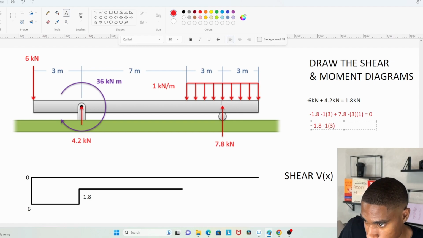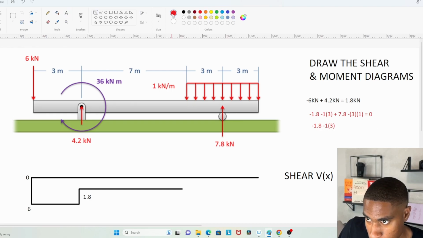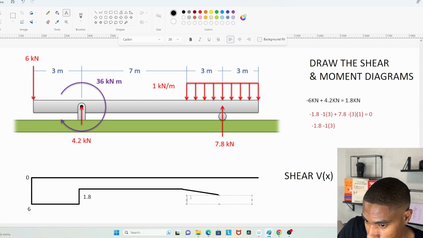We'll stop it at the roller. And so what does that get us? So negative 1.8 minus 3 gives us negative 4.8. So I'm going to draw a line down to, looks about right. And we'll call this 4.8.